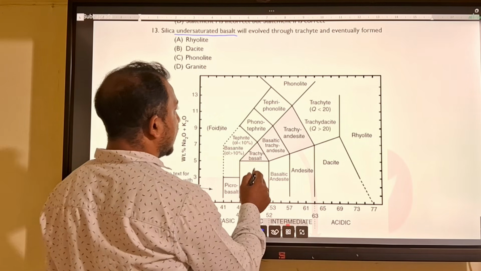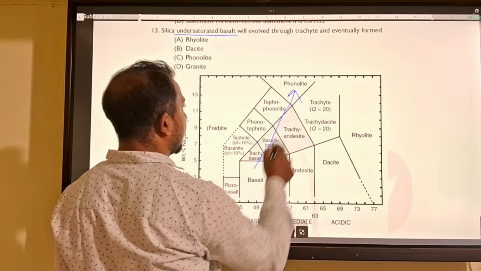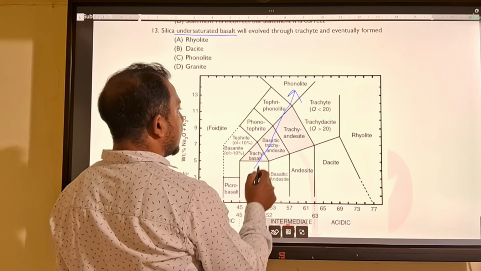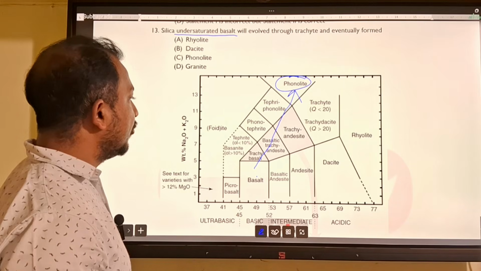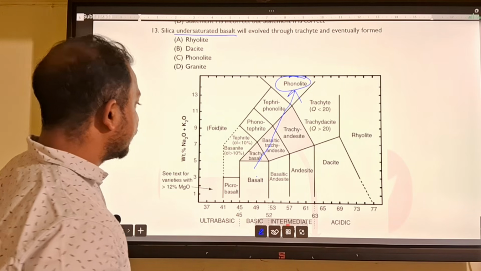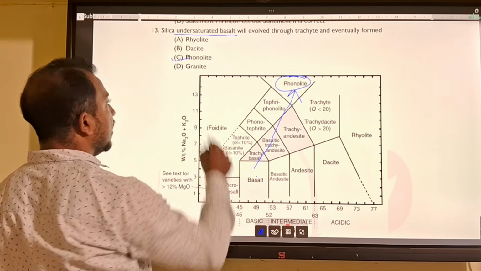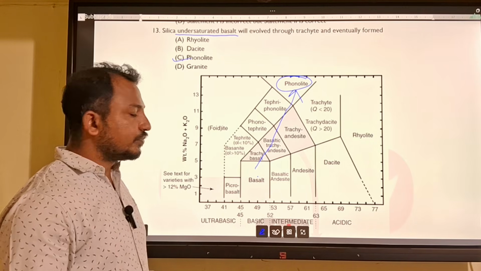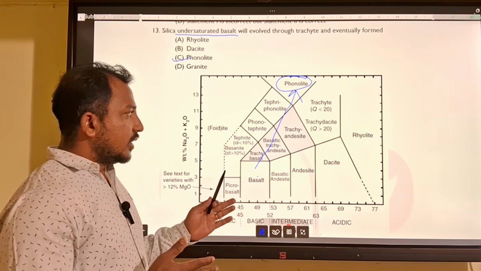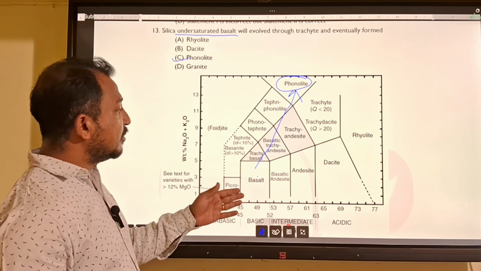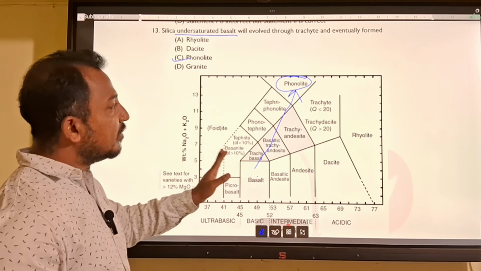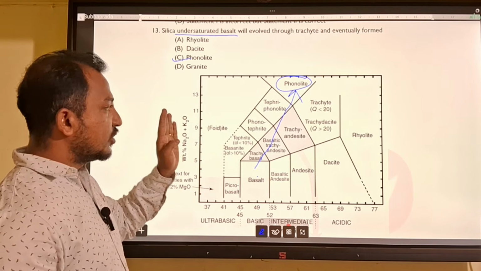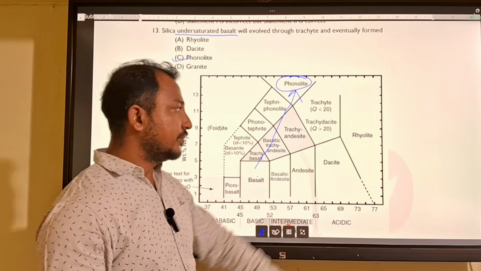So that's why it evolved like this. Basalt, then trachyte, then phonolite. So the answer will be phonolite. So remember another thing, if the magma is alkaline, then it ends with phonolite. If the magma is subalkaline, it ends with rhyolite.